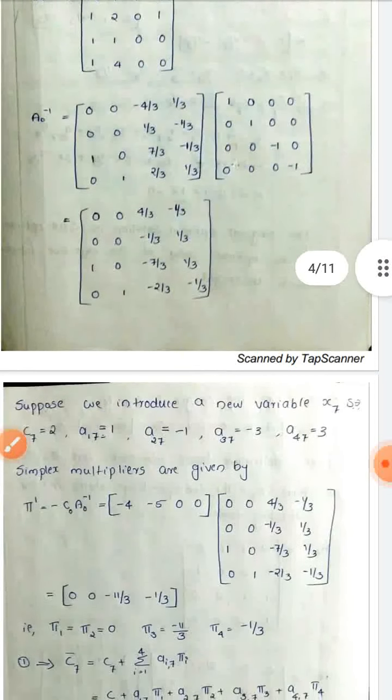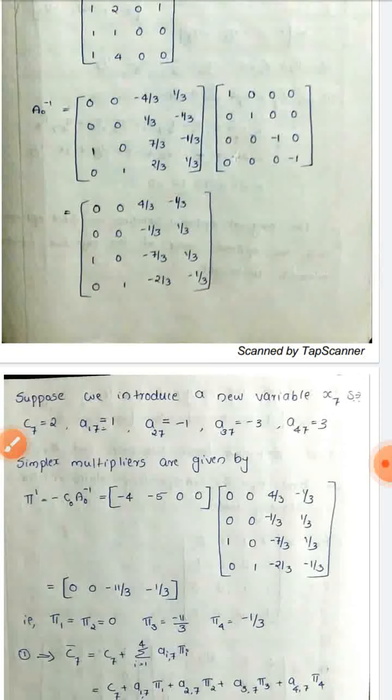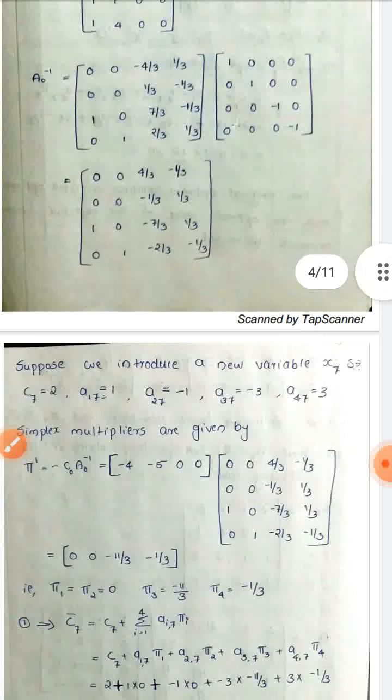So we multiply minus C naught and A naught inverse. We get simplex multipliers pi dash equal to 0, 0, minus 11 by 3, minus 1 by 3. Here pi 1 is 0 and pi 2 is 0. Pi 3 is minus 11 by 3. Pi 4 equal to minus 1 by 3.